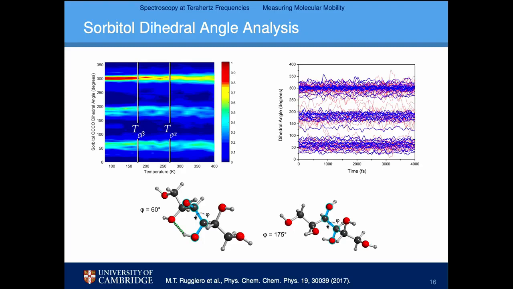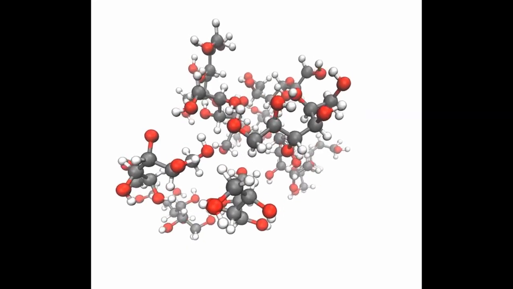Now, significantly, the onset of the localized subregions occurs near 260 Kelvin, which is the corresponding Tg alpha of sorbitol, while significant localization occurs near 180 Kelvin here, corresponding to the Tg beta of sorbitol.